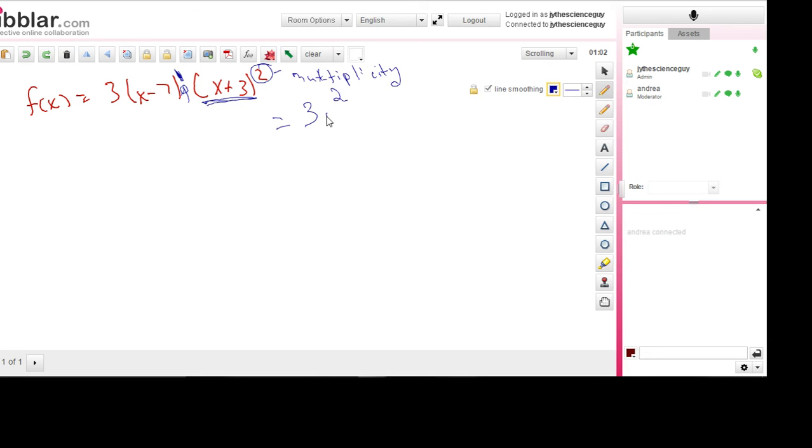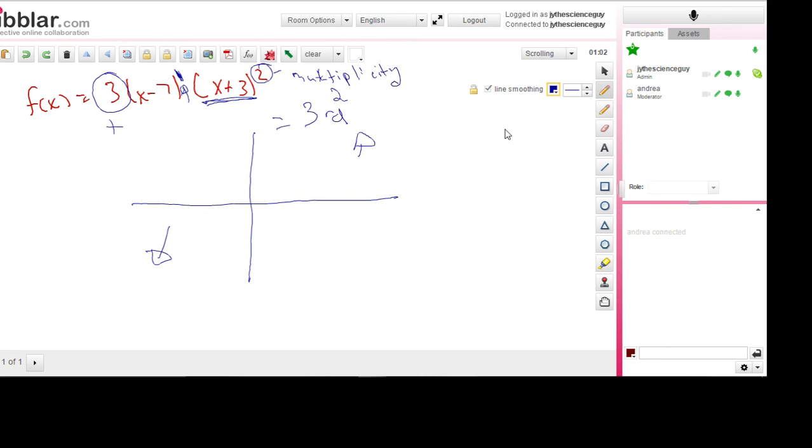So I know that on the negative side of this thing, it has to point down. And on the positive side of this thing, it has to point up. Because if it's the third degree, what do I know about the endpoints of the function? Well, if it's the third degree, you know it's odd, so they're going to be in opposite directions. You see how I put those arrows in opposite directions?